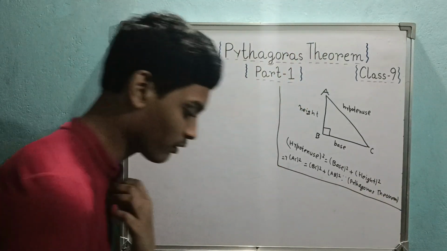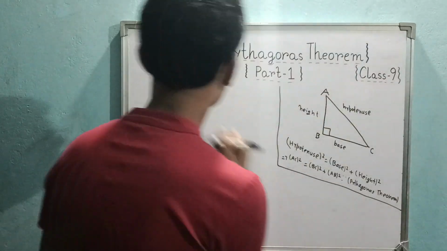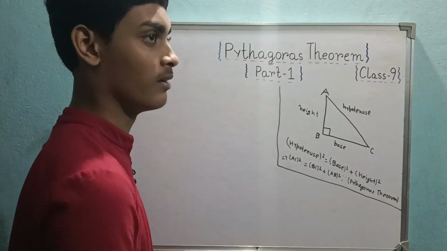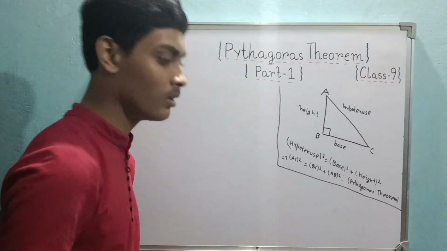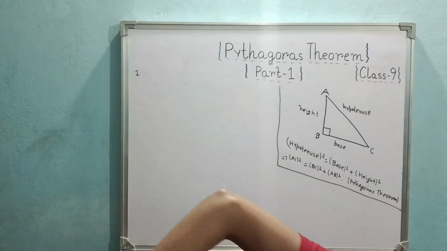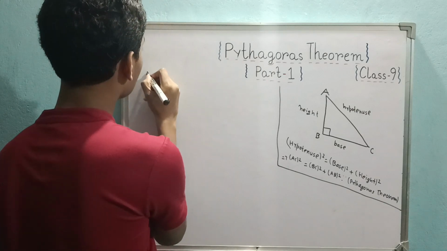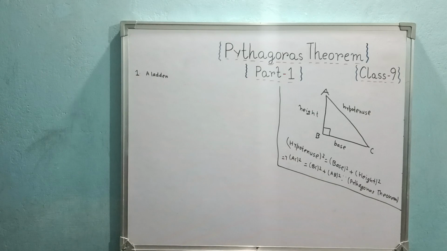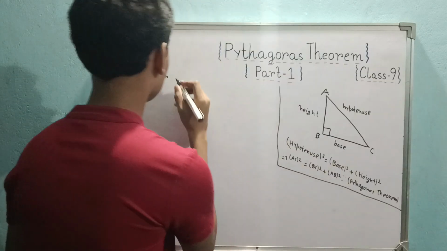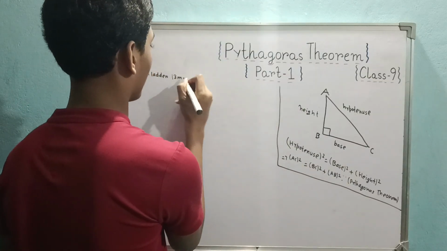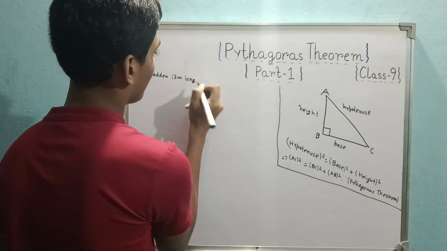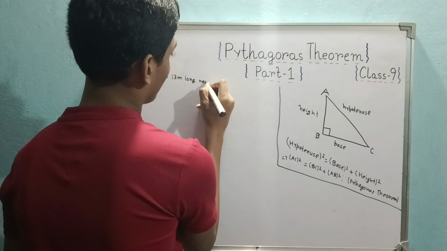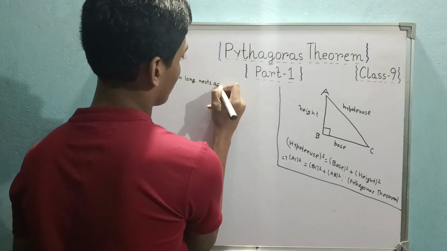Let's begin our sums. Question 1. So we are starting with a ladder. You know what is a ladder here? You all have climbed it, I hope. A 13-meter long ladder rests against a vertical wall.